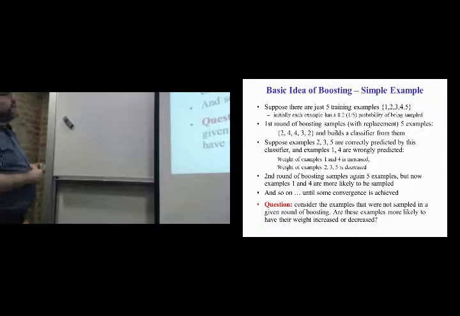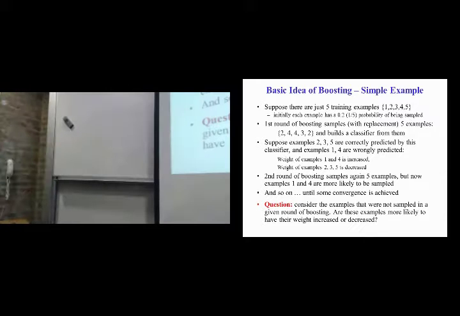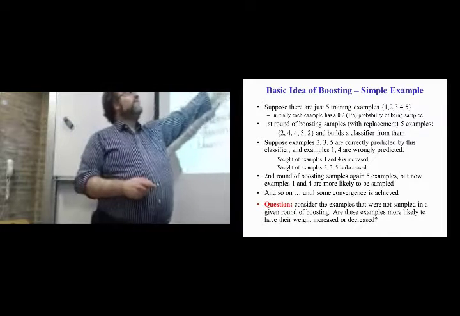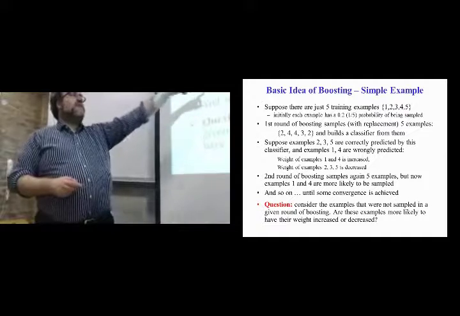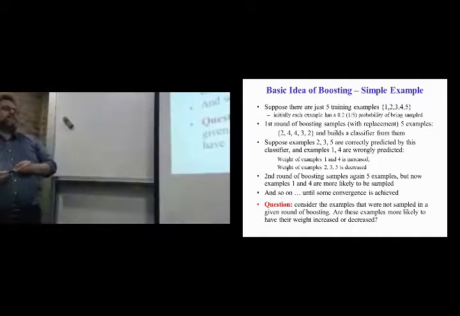Build a classifier from that particular bootstrap, and that classifier classifies 2, 3, and 5 correctly, and 1 and 4 are wrong. So the weight of examples 1 and 4 is increased, and the weight of the other samples is decreased. Now the second round of boosting samples 5 examples, but this time the ones that were classified wrongly are more likely to be sampled. So that's an example of that.